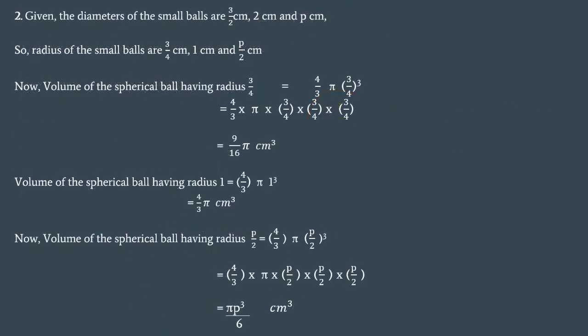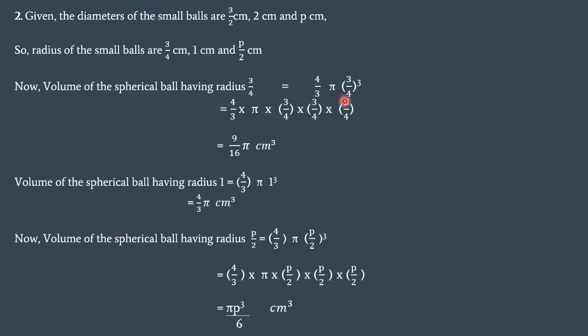Second bit, we need to find the volume of the spheres after melting. The diameters of the spheres are given as 3 by 2 centimeters, 2 centimeters and p centimeters. So the radius will be diameter by 2: 3 by 4 centimeters, 1 centimeter and p by 2 centimeter. Now the volume of a spherical ball having radius 3 by 4: the volume of a sphere is 4 by 3 pi r cube.